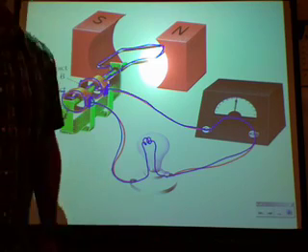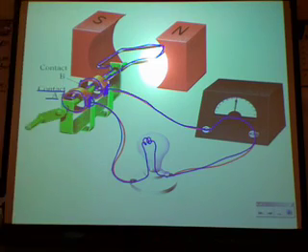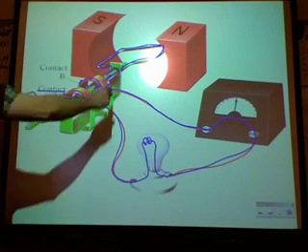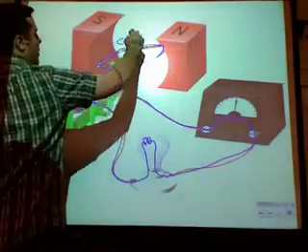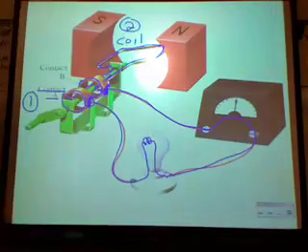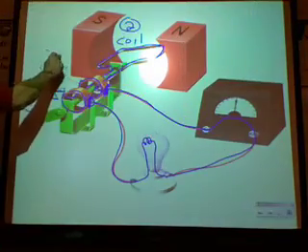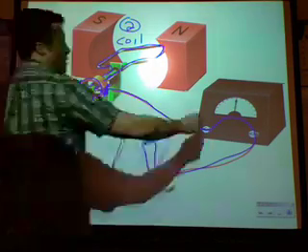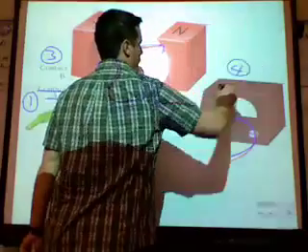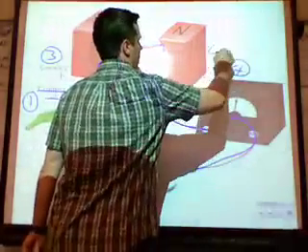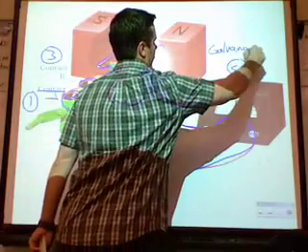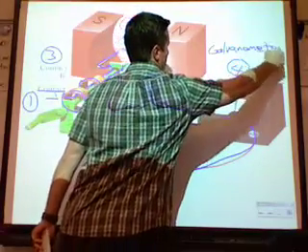So the answer is electricity flows from contact A to the coil, to contact B, to the meter, the galvanometer, and that is on your paper.